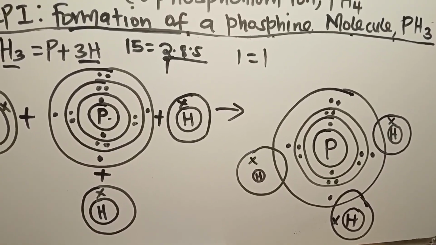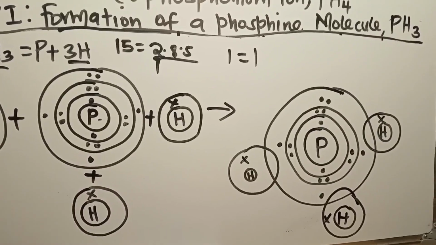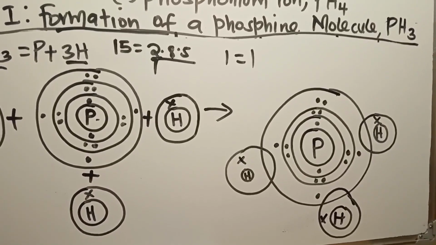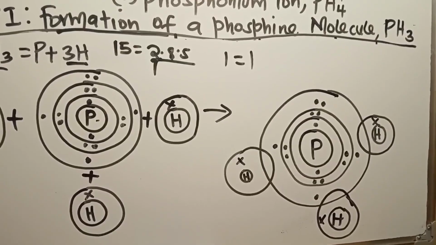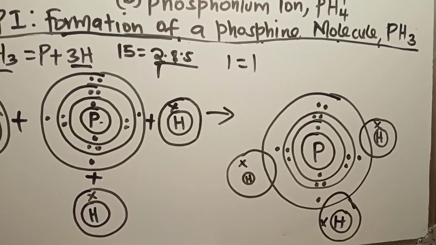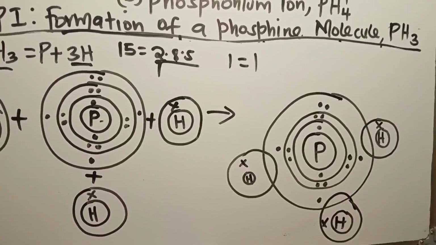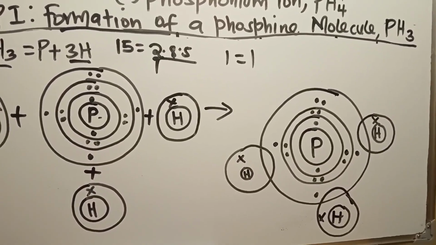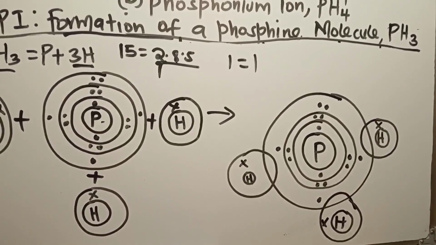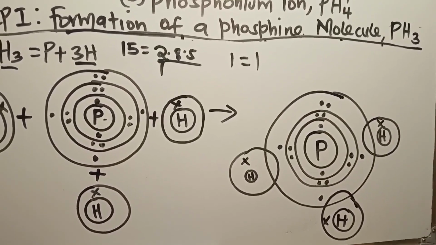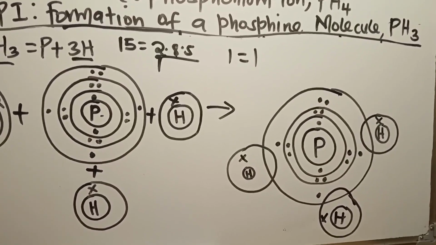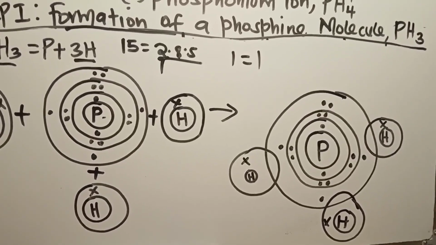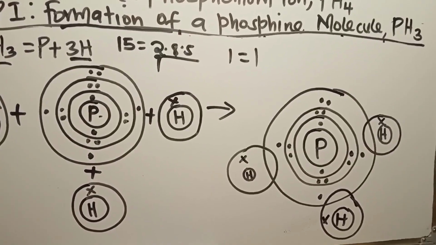Remember, in our introduction in our previous lesson, I already said that in covalent bonding, we involve nonmetals. Remember, nonmetals react by gaining electrons. And in this case, because the two elements, phosphorus and hydrogen, both of them require to gain, meaning none of them is willing to lose.